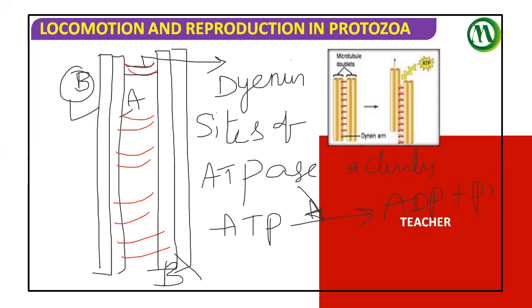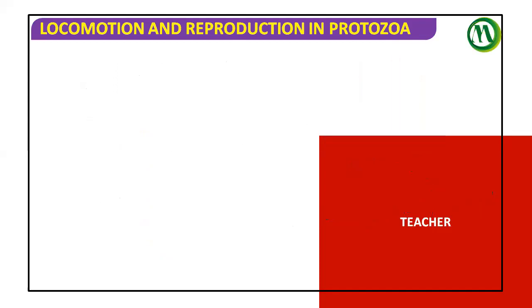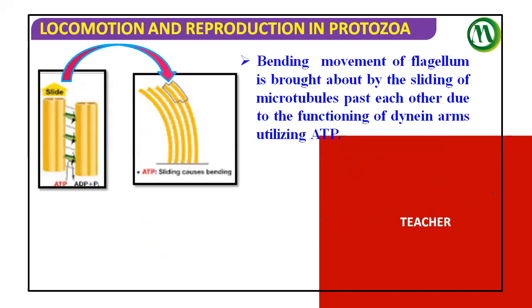After getting energy, what are the dynein arms doing? Just watch in this diagram. They pull the neighboring microtubular doublet, which you can see in the diagram. Keep that in mind; there you can understand the bending movement of the flagellum or cilium.